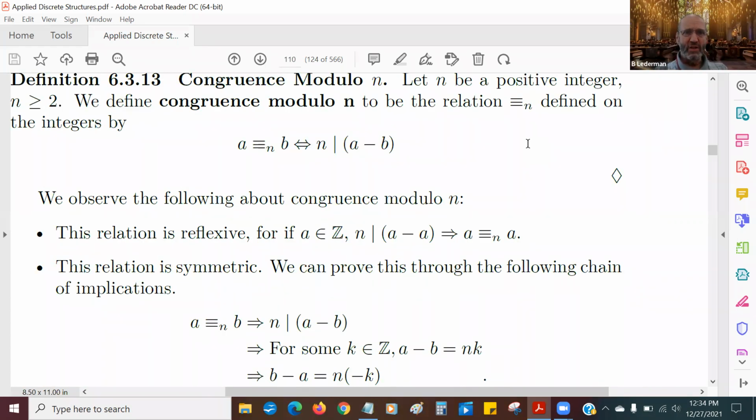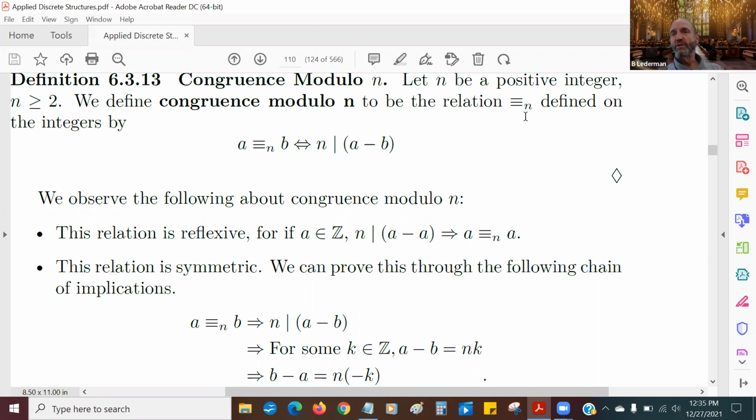So here's the definition of congruence modulo n. If n is a positive integer greater than or equal to 2, then we define congruence modulo n to be the relationship. Notice it's like an equal sign, but with 3 lines instead of 2. And they stick the n there because congruence depends on what the modulo is.